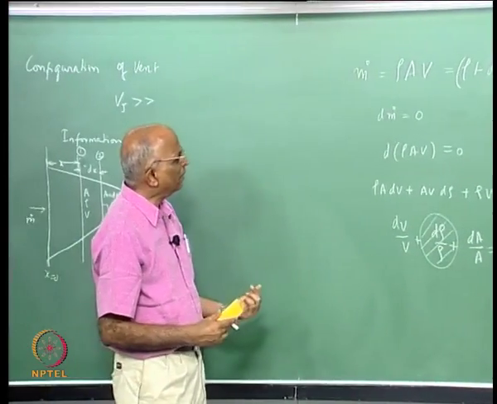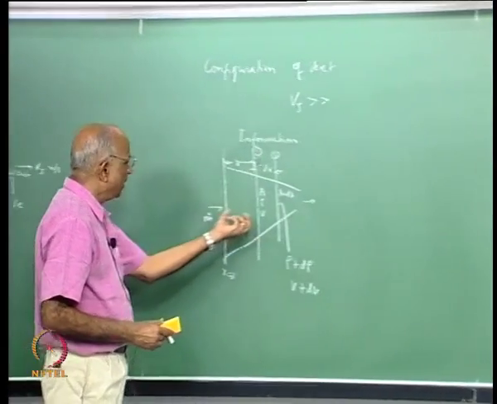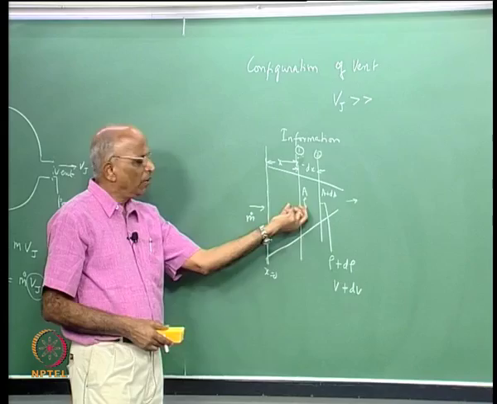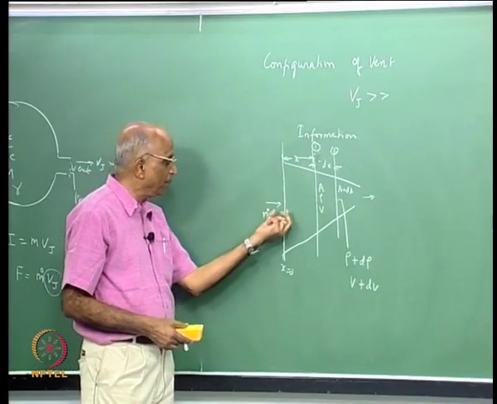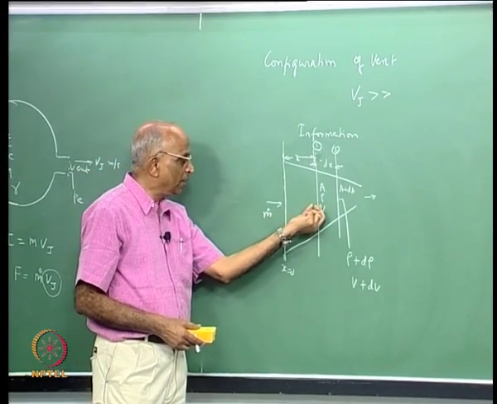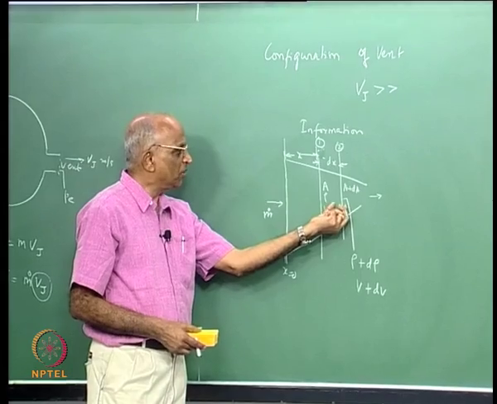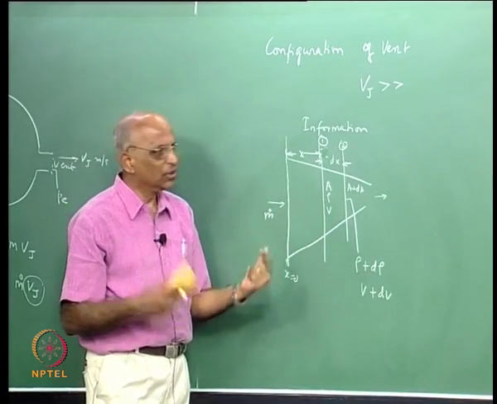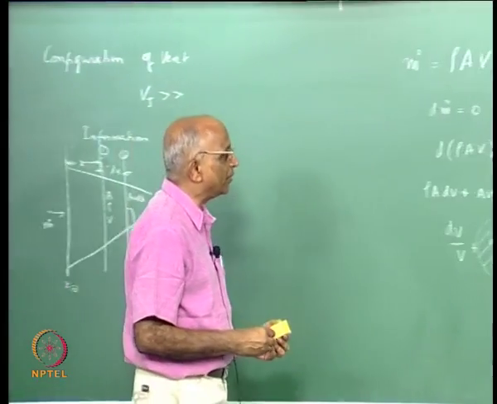Therefore, I go back and ask myself, can I write one more equation? Let us say the momentum equation. What does the momentum equation tell me? The rate of change of momentum must be equal to the impressed force.